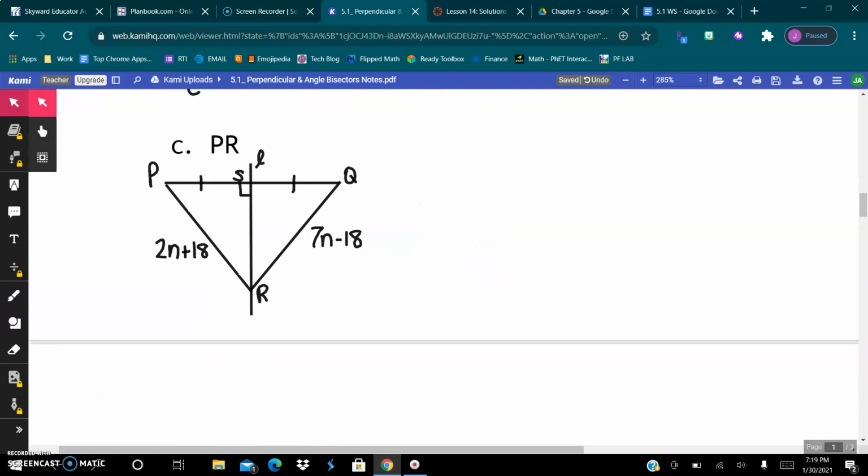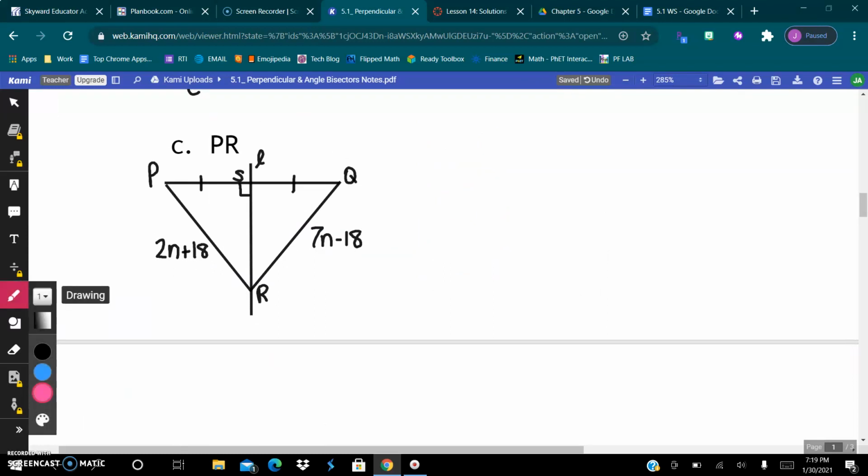And then for part C, we need to find the length of PR, and PR is right here. And we know that this side and this side are congruent to each other, so we can set up an equation here. 2n plus 18 is equal to 7n minus 18.